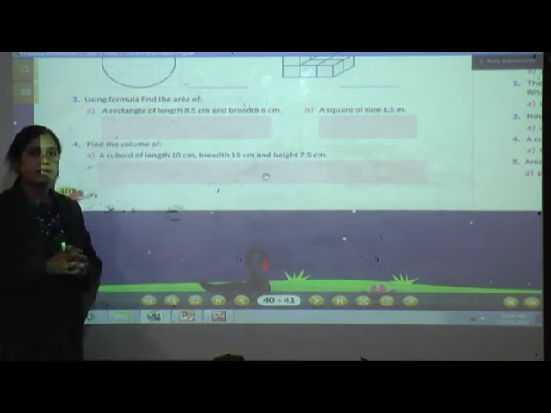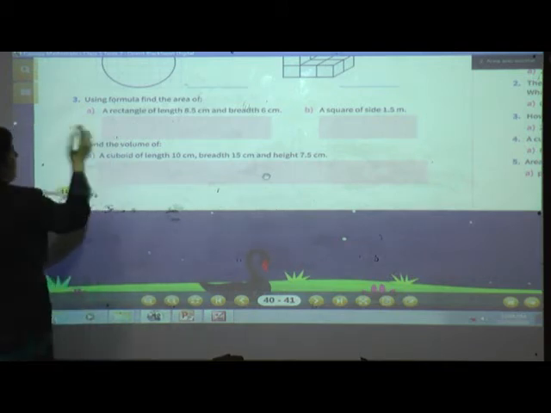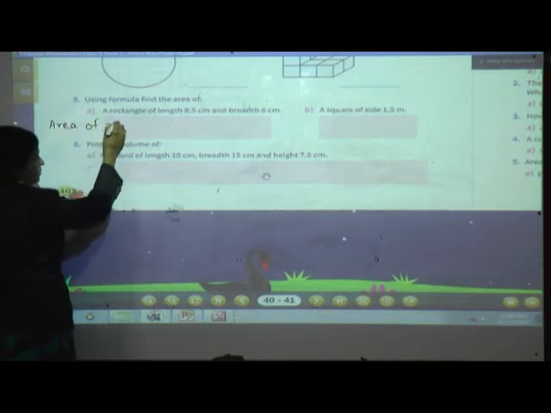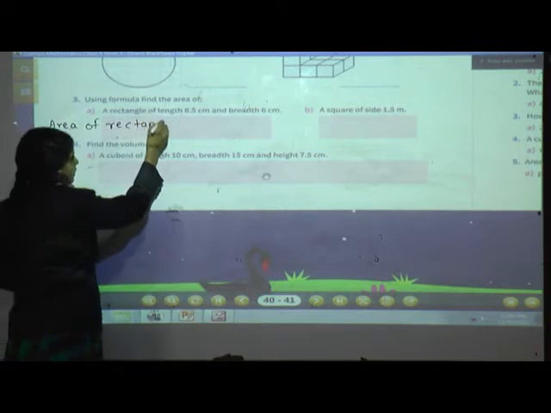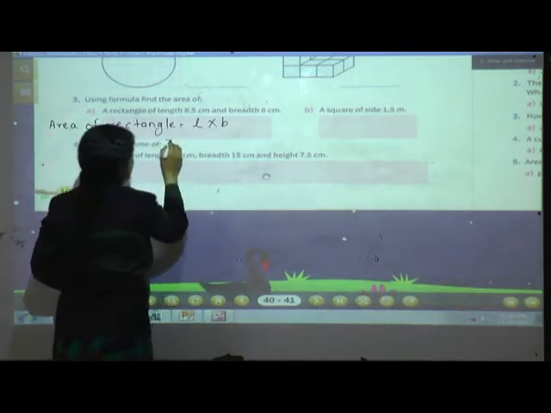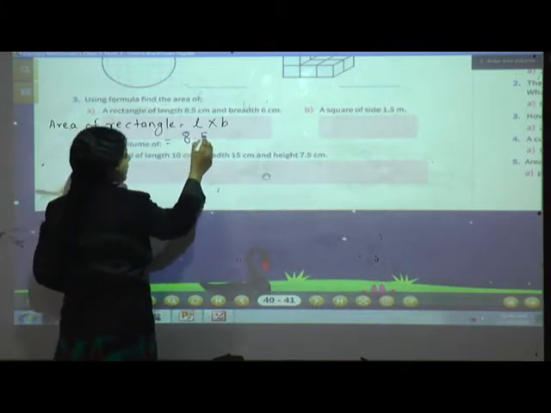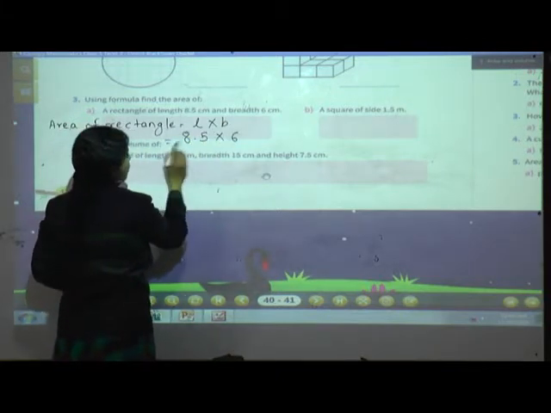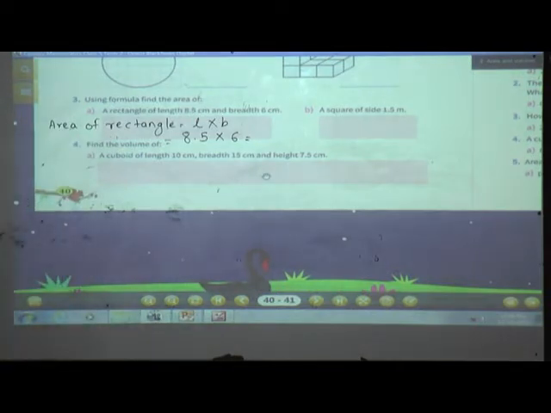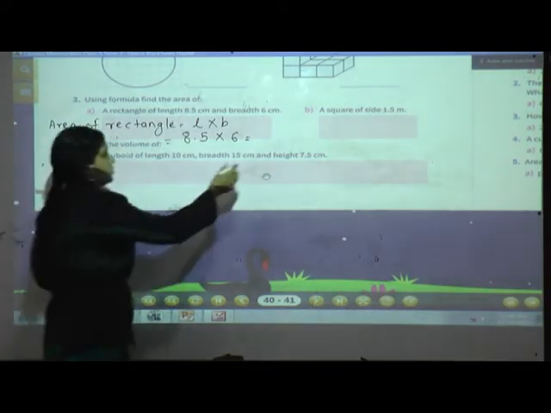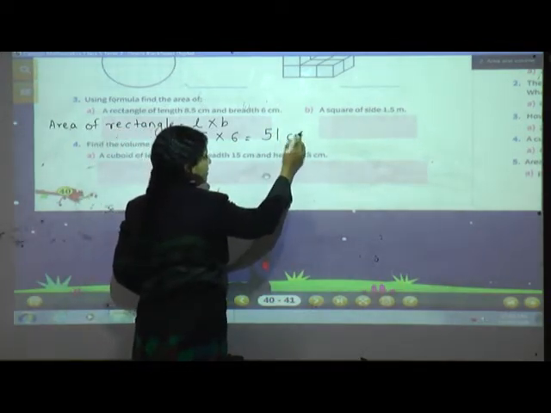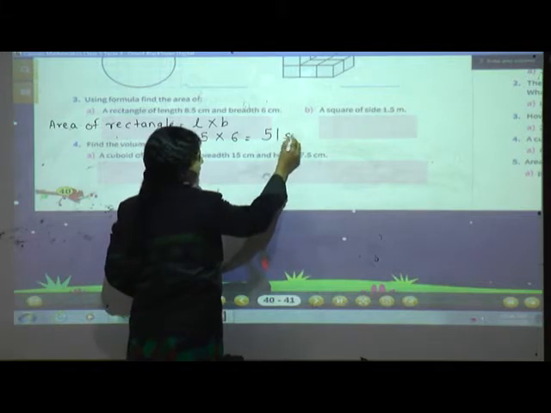Area of rectangle is equal to length into breadth. So multiply 8.5 and 6. What will you get, students? Yes, do multiplication. Very good. 51 and the unit, square centimeter.